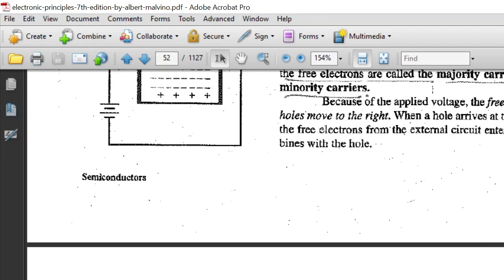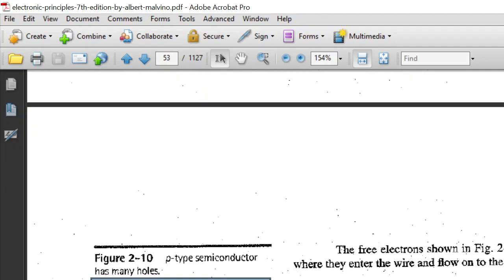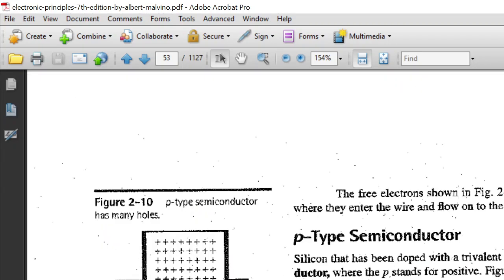Okay, so it behaves as a conductor basically. In the intrinsic semiconductor it behaved as an insulator. What we have done, we have doped the semiconductor, we have increased the number of free electrons or holes. Number of free electrons getting increased gives rise to n-type extrinsic semiconductor.